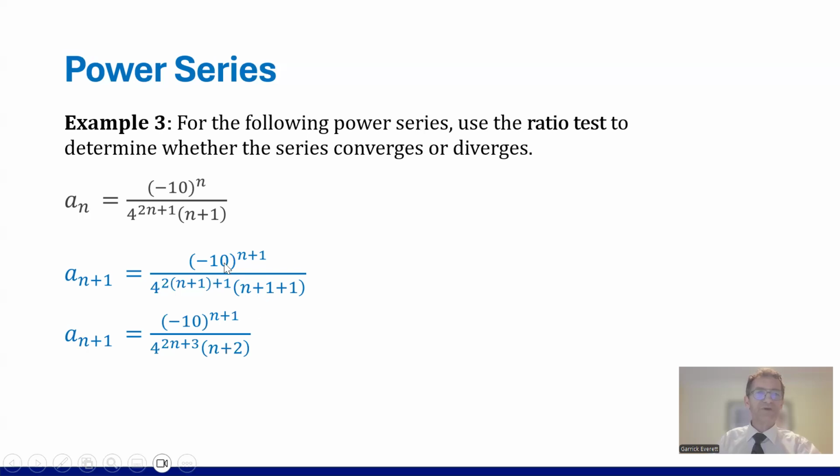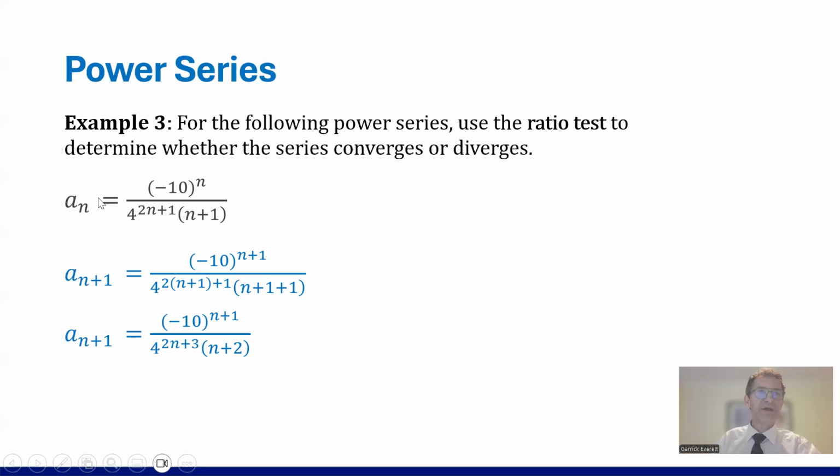And now I've just simplified it. The n plus 1 is still n plus 1 up here for the minus 10. For 2 times n plus 1 plus 1, 2 times 1 is 2, plus another one is 3, and n plus 1 plus 1 is n plus 2.